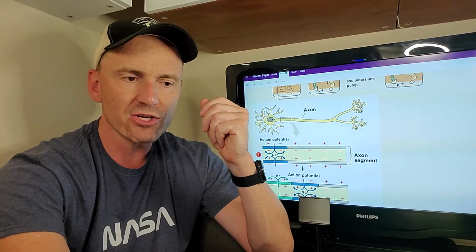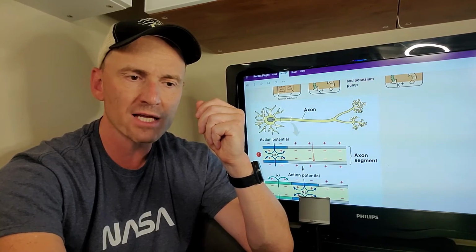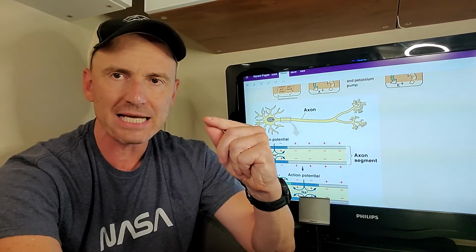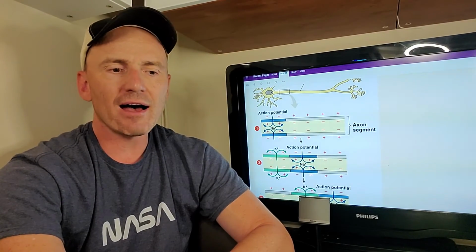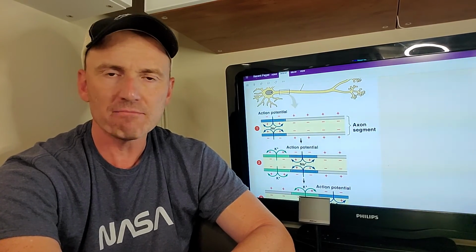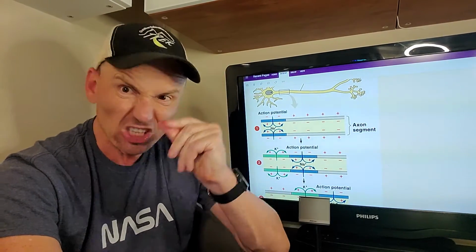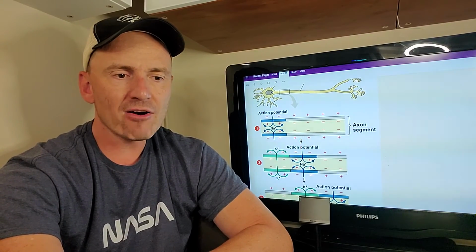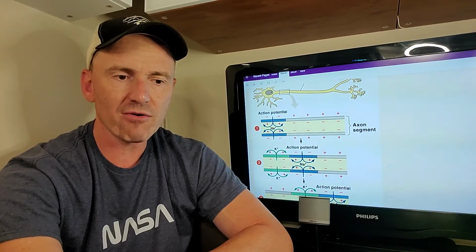Threshold is reached. Sodium channels open, those integral proteins open. Sodium pours in, and now you have sodium and potassium inside, and no sodium out here, so you get more positive charge on the inside. Once the inside reaches positive 40 millivolts, or 35, let's say 35, the sodium channels shut and the potassium channels open. Potassium now, along its concentration gradient, starts to go out.